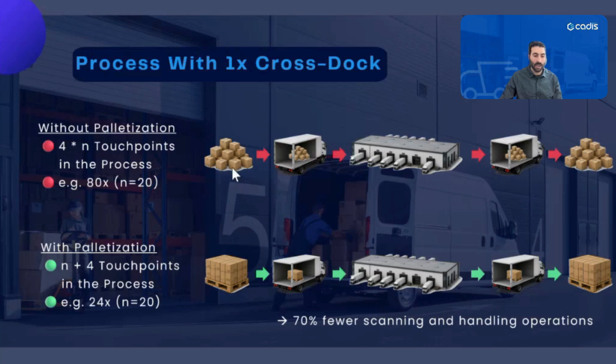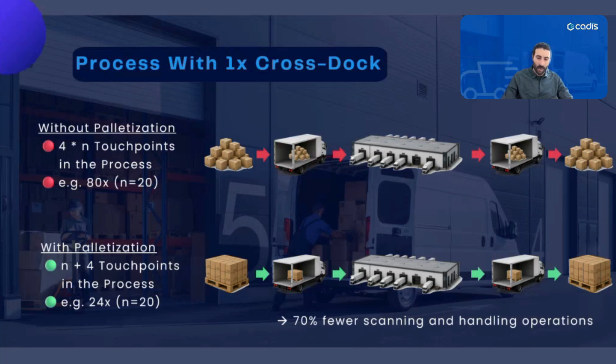Imagine you have 20 packages. You must scan them all at loading, scan them again at unloading, and the same operation to the delivery depot or to the consignment. So 80 touch points. In the second scenario, with the palletization using the master pallets, you will have your n touch points because you will group the master pallet upfront in advance, but then only one touch point per critical process. So n plus 4 gives you 24 touch points. You will load once, you will have only one scan, unload, load and unload a single handling unit.